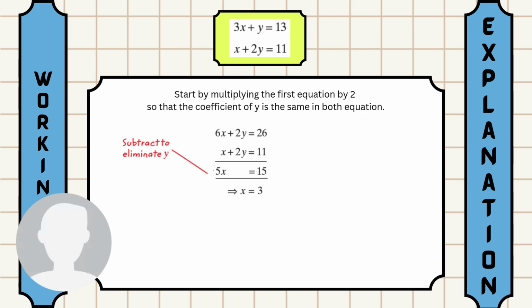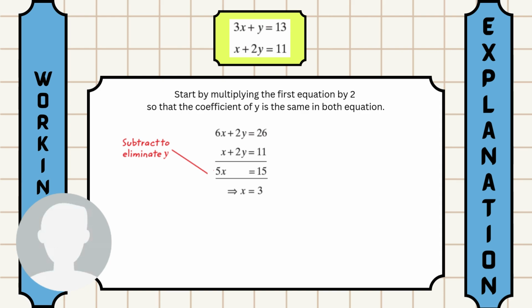All right, in this example, my focus is I want to eliminate y. So if I want to eliminate y, I need to make the coefficients the same in both equations. So the first equation must be multiplied by 2 first.